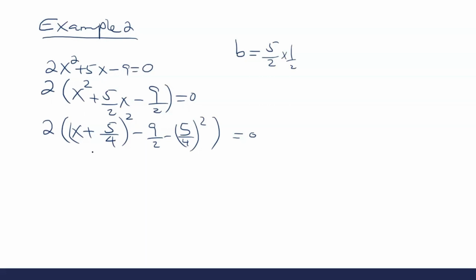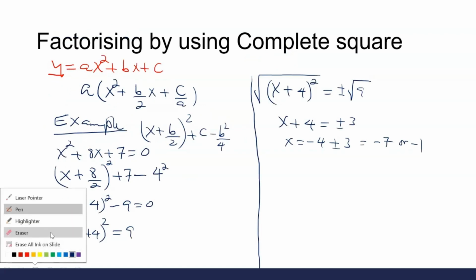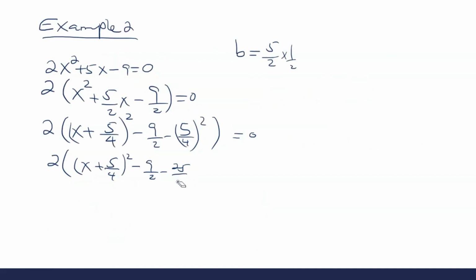So now that gives us 2. If we expand this, we're just going to keep the 2 again first. So that gives us 8, 7, and 72 plus 25.